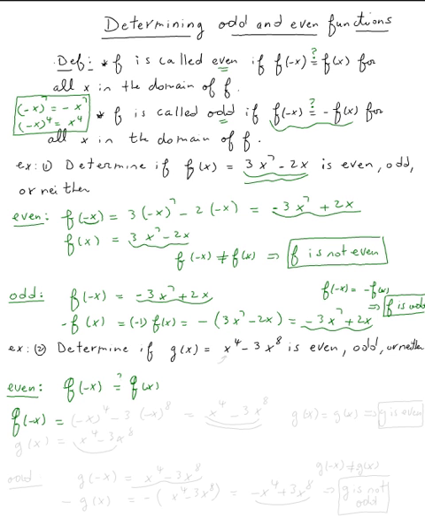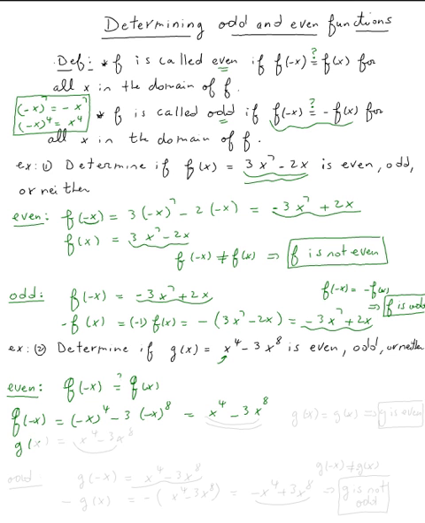So g of negative x means whatever you see x, you plug in negative x, so negative x^4 minus 3 negative x^8. Now, since the exponent is even, negative x^4 is the same thing as x^4. Negative x to the 8 is the same thing as x to the 8.